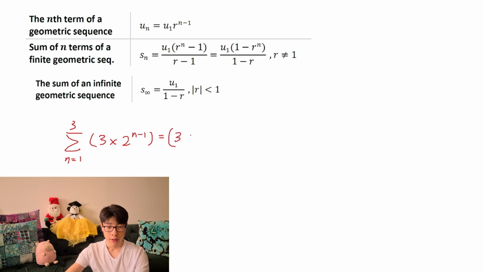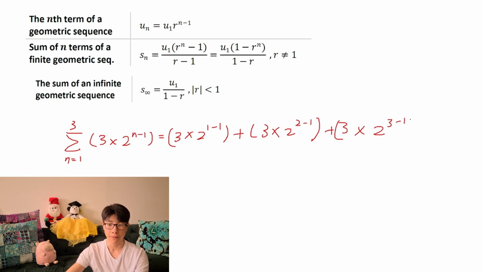So we get the sum of 3 times 2 to the power of 1 minus 1, plus 3 times 2 to the power of 2 minus 1, plus 3 times 2 to the power of 3 minus 1. And this is basically a geometric sequence.